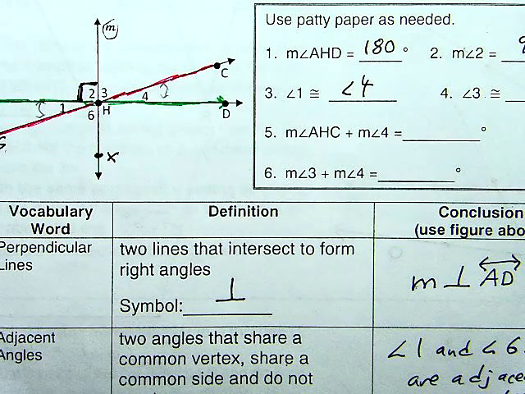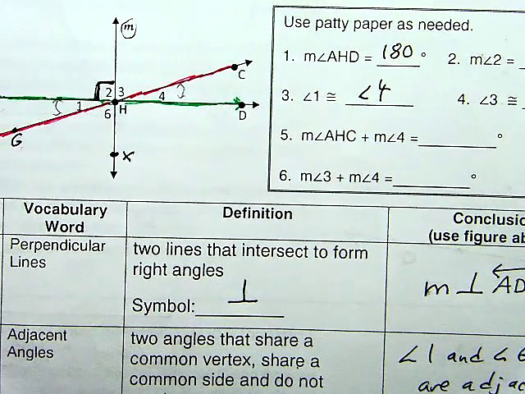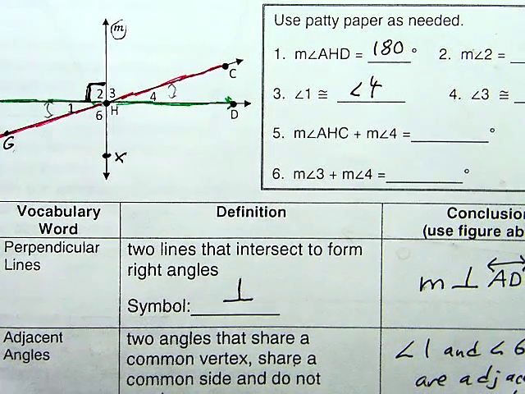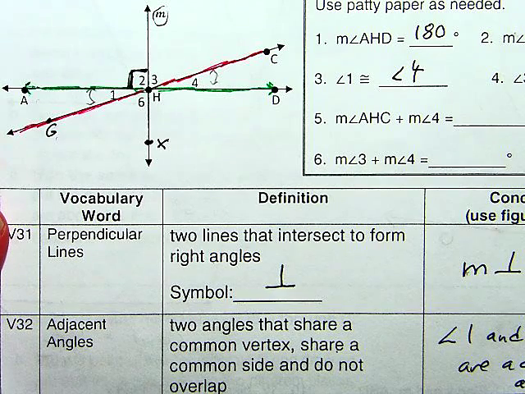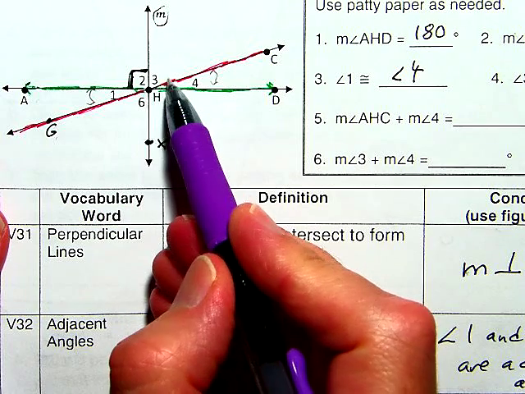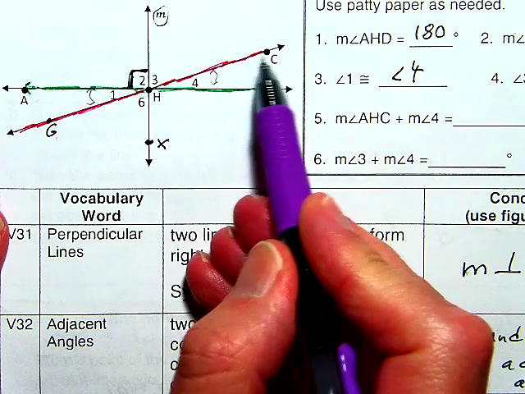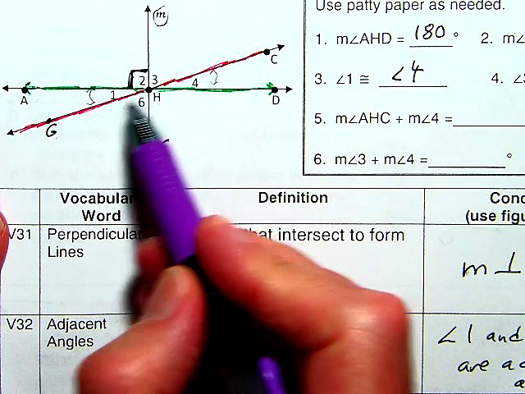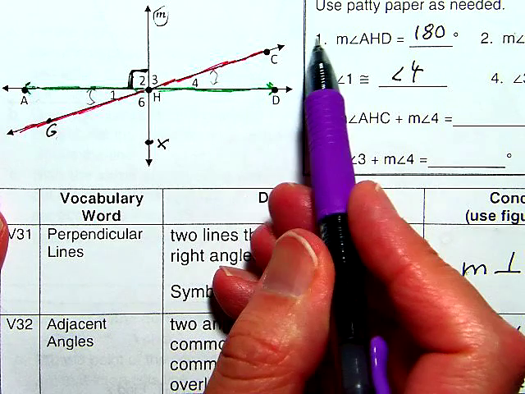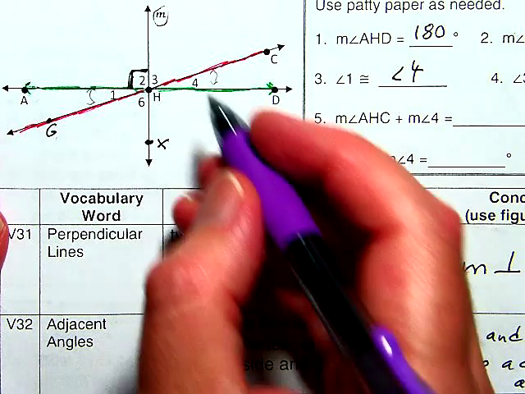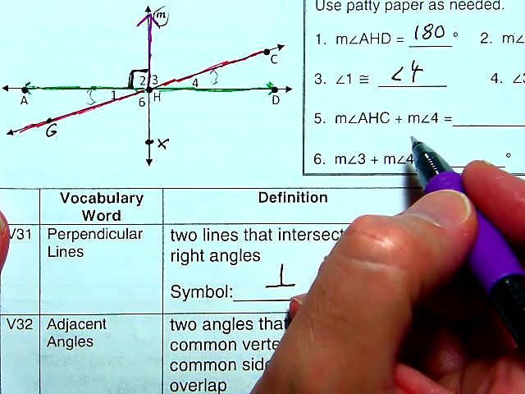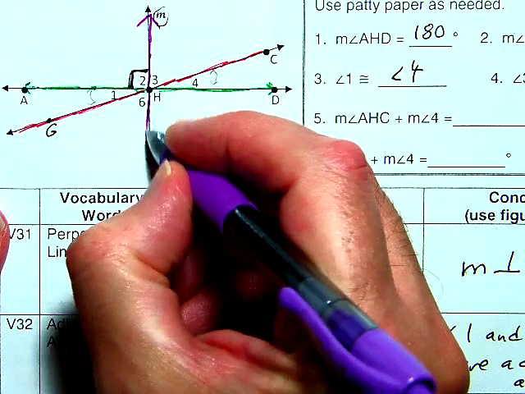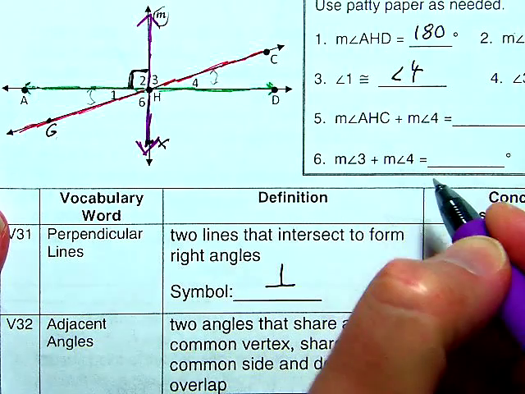Okay, good. You might be able to notice some other pairs of vertical angles here as well. How about angle 3 and angle 6? Angle 3 has ray HC as one of its sides. Angle 6 has ray HG as one of its sides. They're opposite rays. Angle 3 also has this part of the vertical line as one of its sides, and angle 6 has the other part of this vertical line, HX, as one of its sides too.